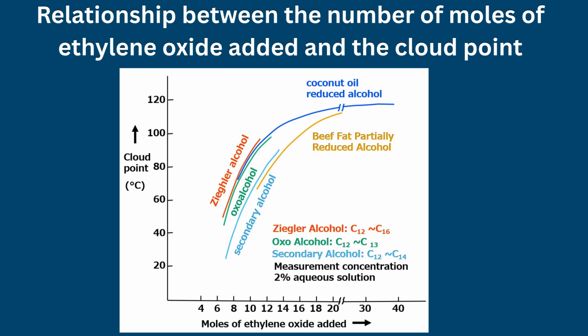Surfactant structure, concentration, and the presence of additives, particularly electrolytes, play crucial roles in determining cloud point behavior. Understanding these factors is essential for the rational design of surfactant-based formulations and for controlling phase behavior in practical applications.